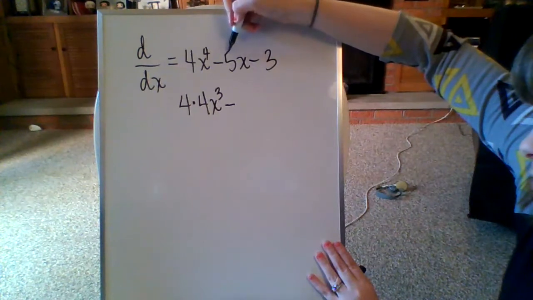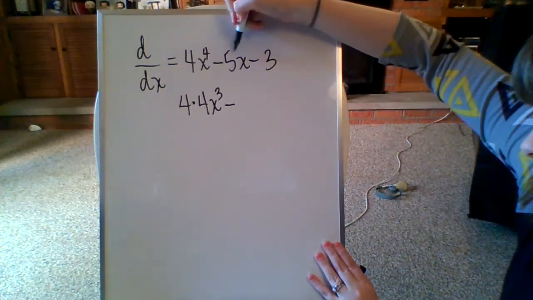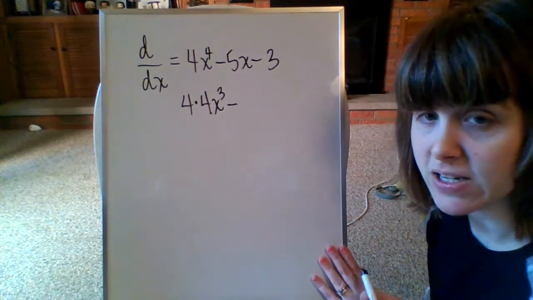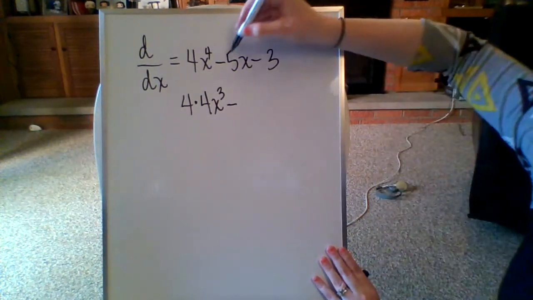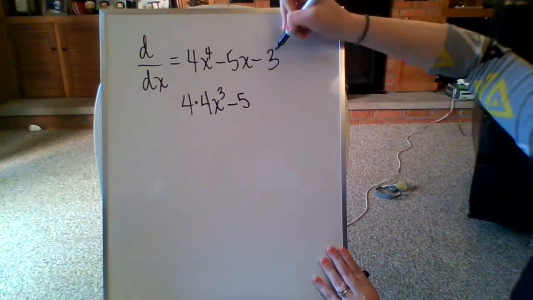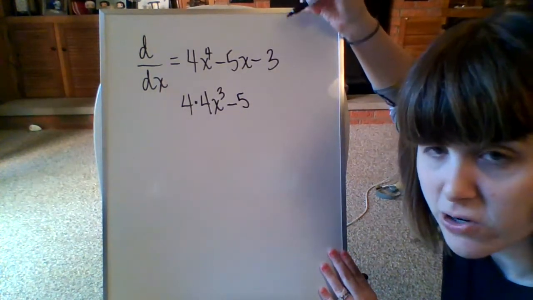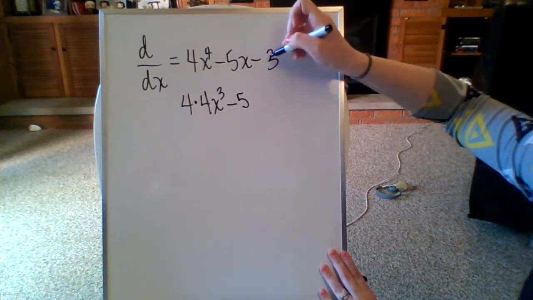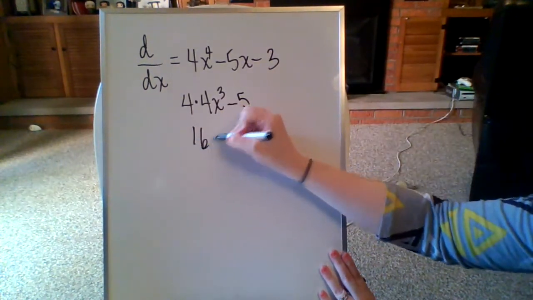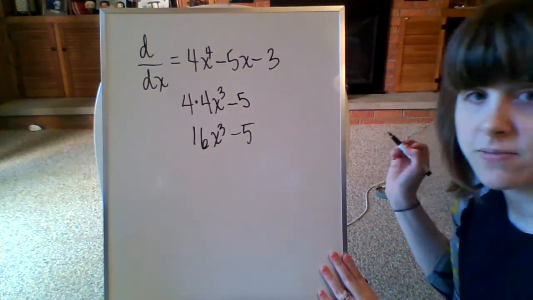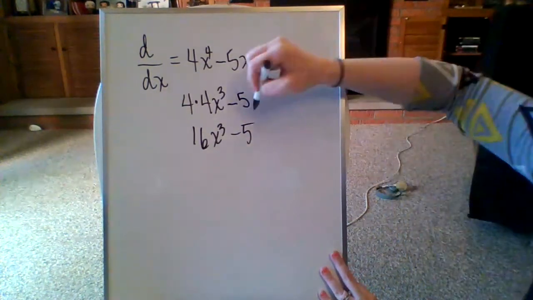Anytime you have like 2x or 7x, or in this case 5x, its derivative is just the number, the coefficient in front. So we have minus 5, and this is a constant, so the derivative of 3 is 0, so we don't have anything there. So our final answer is going to be 16x to the 3rd minus 5. Alright, so that's it.